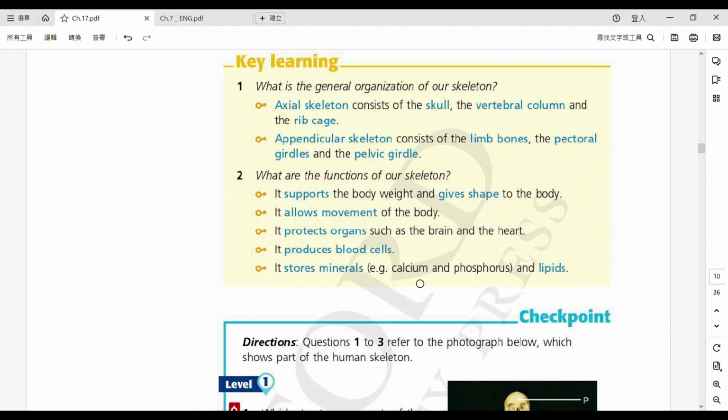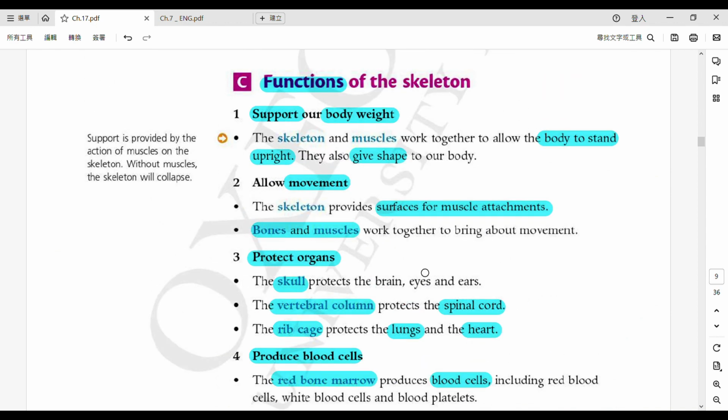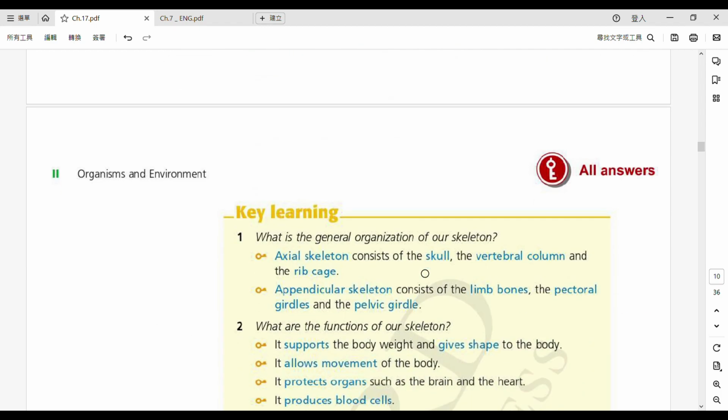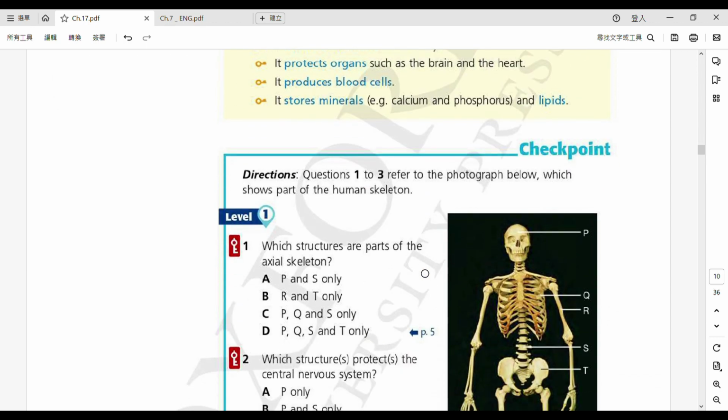Please revise these parts about the functions extra carefully. If you're more capable, then please also remember the structures, the names of the different bones and parts, because I'm going to skip this part likely in class.